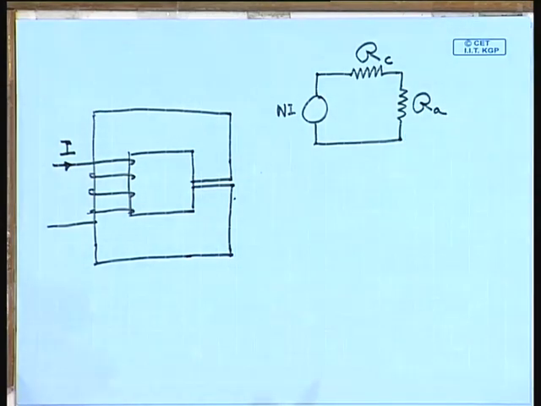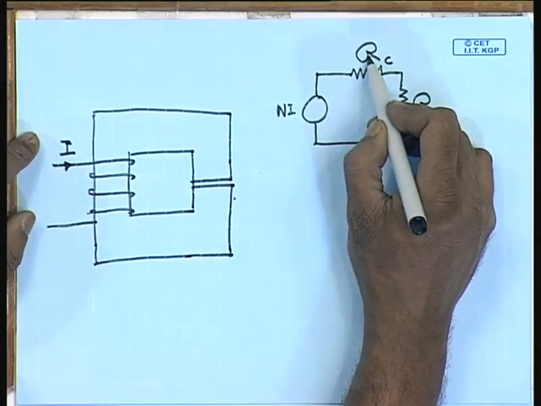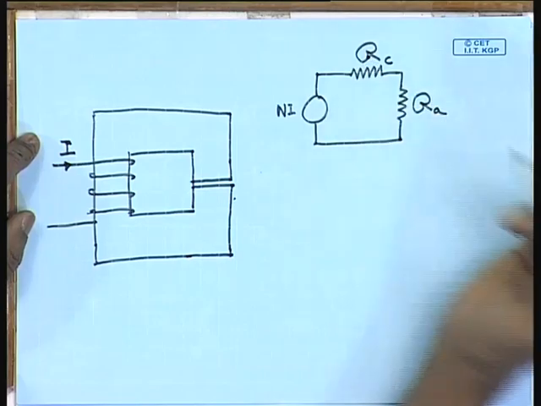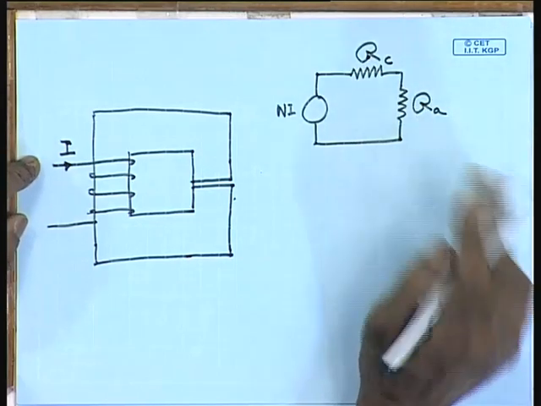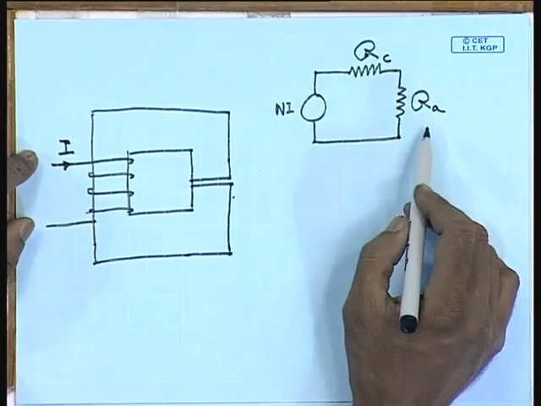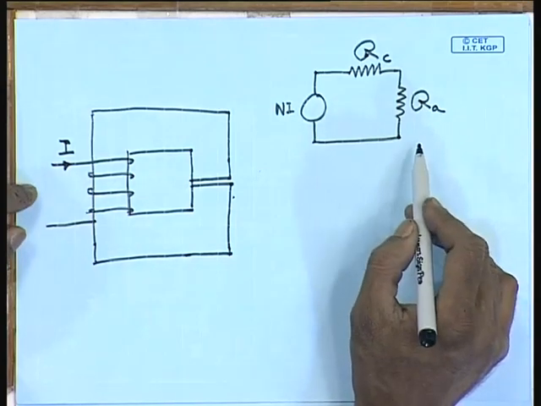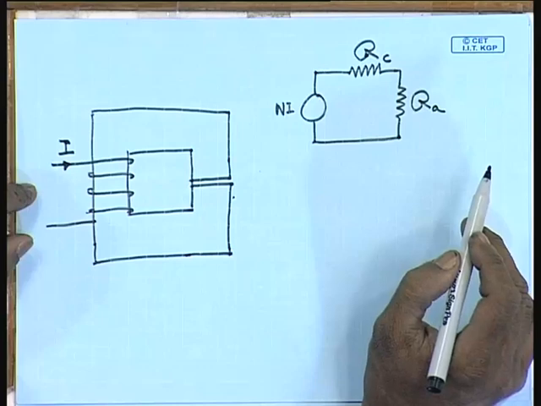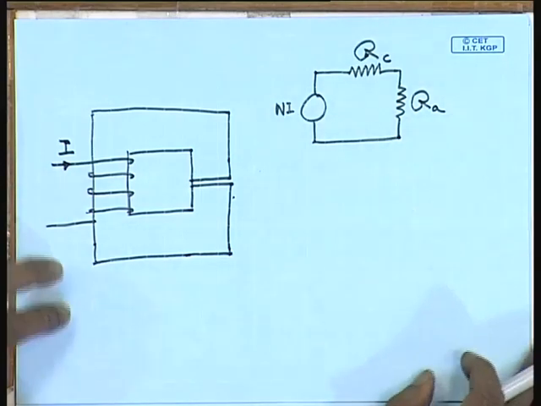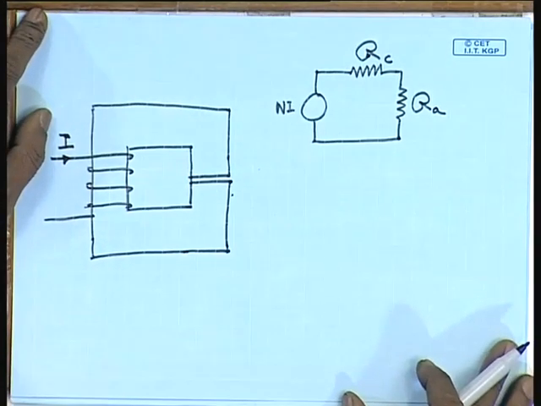The problem with ferromagnetic material is that the value of R core is not known a priori, because it depends on the value of the flux density, as we have already seen. The value of R air more or less remains constant, it is not a function of the flux density, it is linear. The BH characteristic of the air gap is linear. Therefore, solving this is a little more involved, and let us see how we will solve this kind of a circuit.